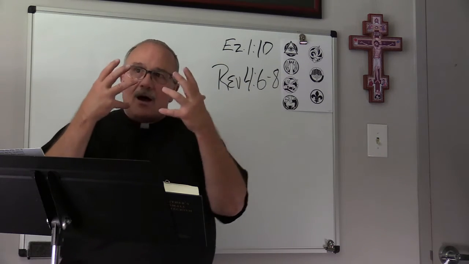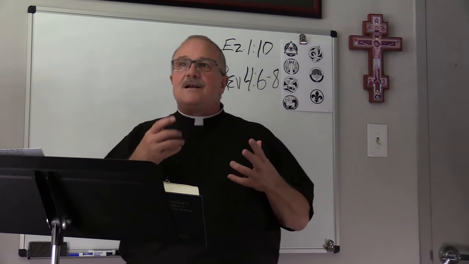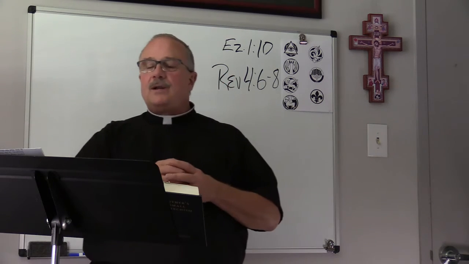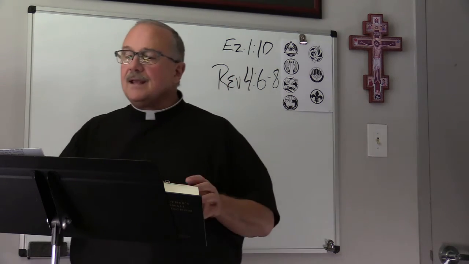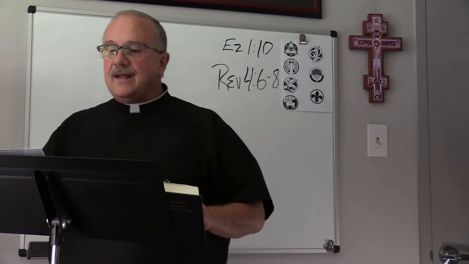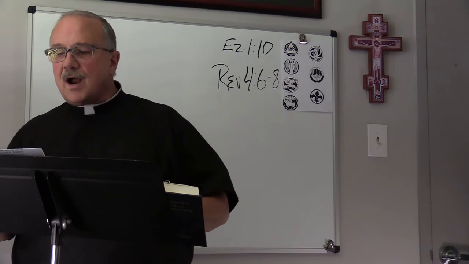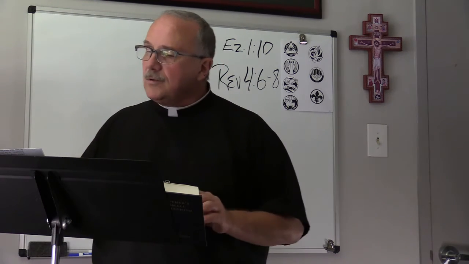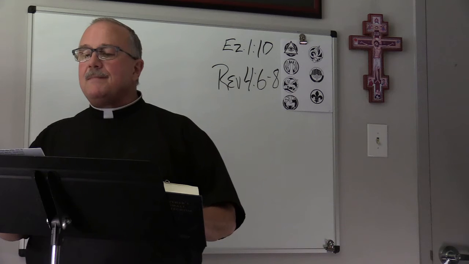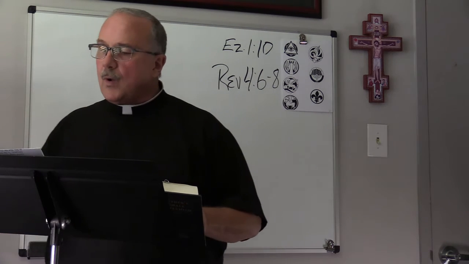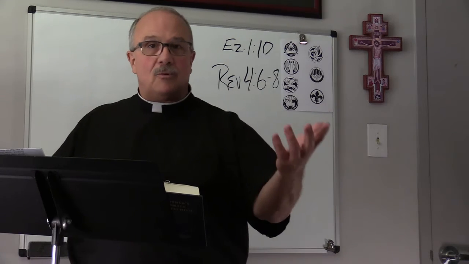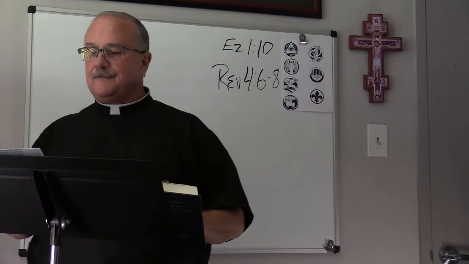In St. Mark, he's making it very clear that this is the gospel of Jesus Christ, the Son of God, and he immediately points to Isaiah and quotes Isaiah: I send my messenger before you to prepare the way, a herald's voice in the desert crying. Well, a reference to John the Baptist.